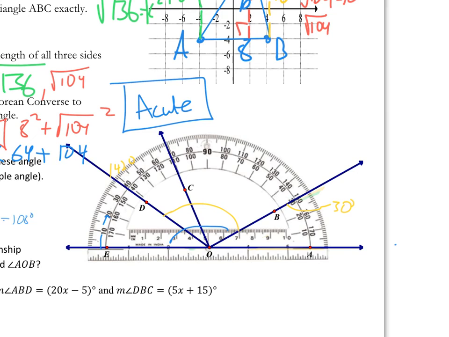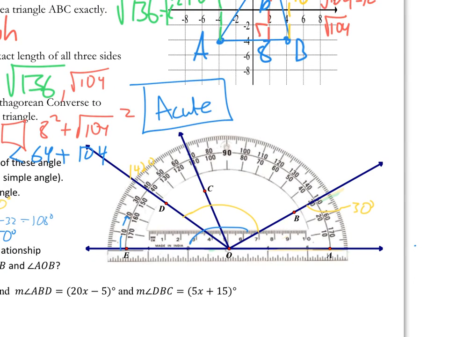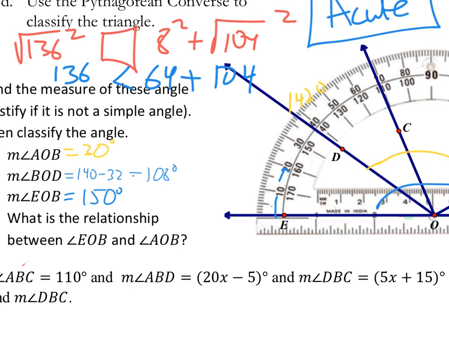EOB is this guy here, and then AOB. These are a linear pair. All right, so linear pairs form a straight line, and they're very useful.